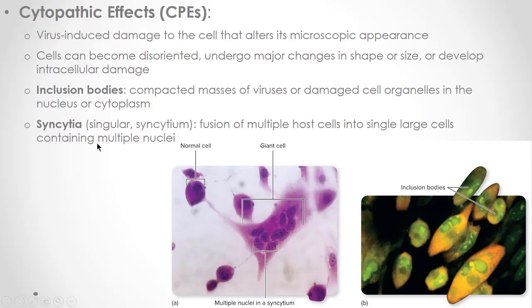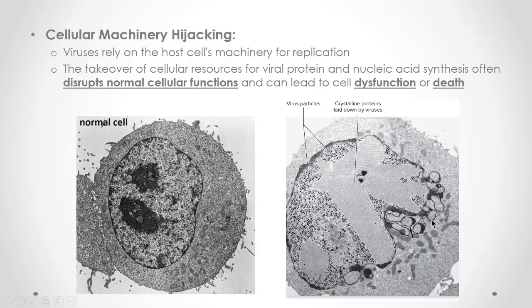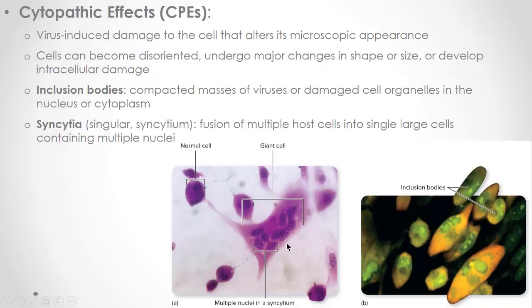Syncytia is a specific way that multiple cells fuse together. So going back to this figure here, as the membrane starts to break down, if there's another cell right next to it, which we don't see here, the two cells will sort of fuse together as they fall apart, and this is what you see here, the fusion of multiple cells into one sort of conglomeration.